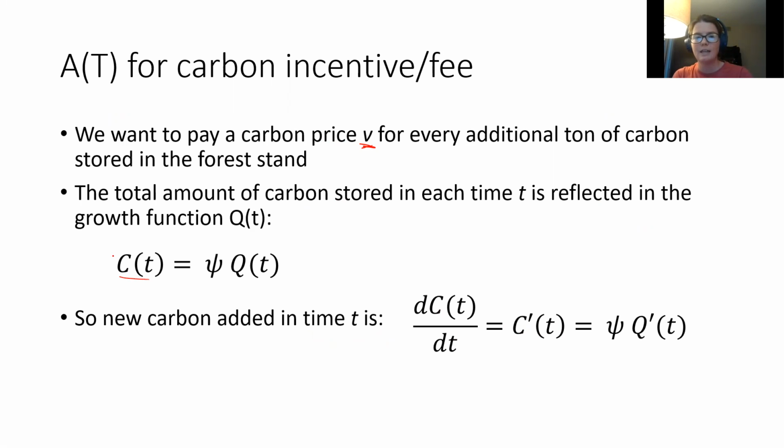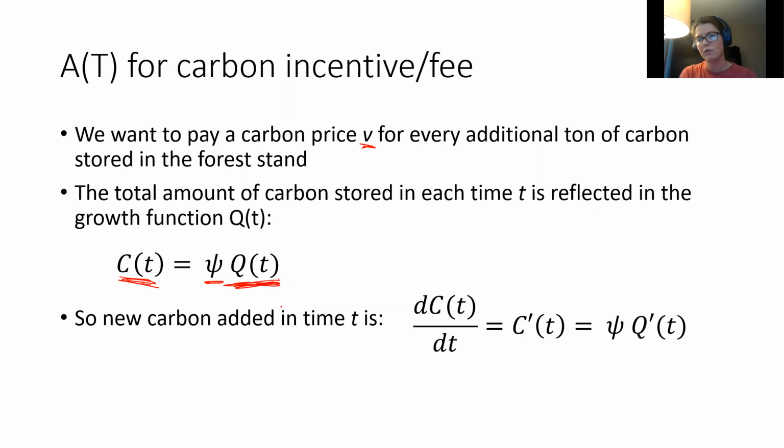For a given time t, the amount of carbon stored in the stand is just a linear function of the timber volume. So this is our timber volume equation, also as a function of time t, and we're just going to multiply it by some constant psi. That gives us the amount of carbon that we have in the stand.